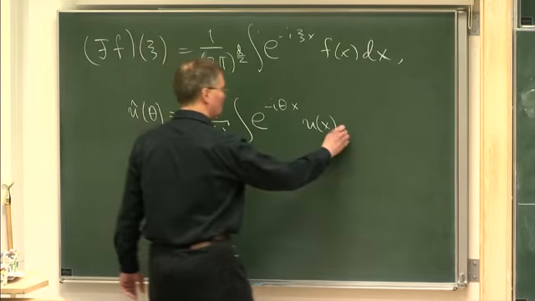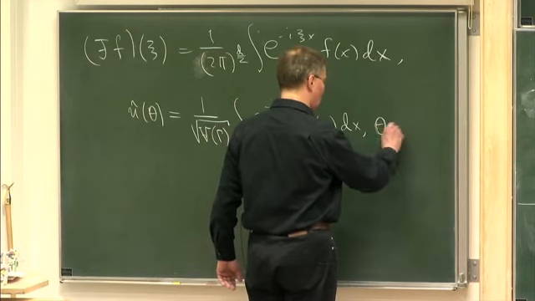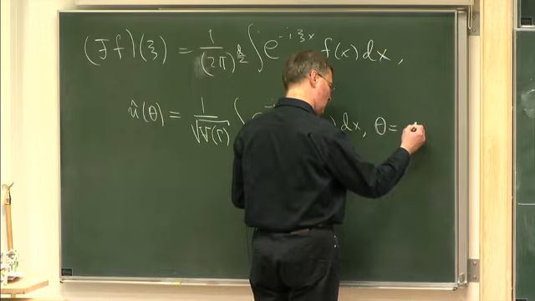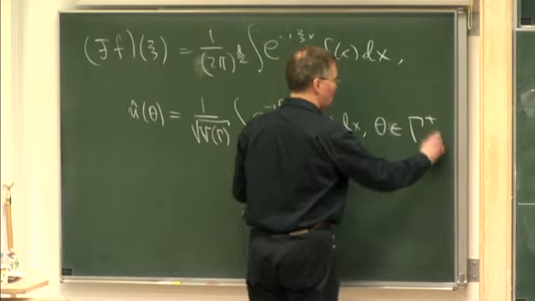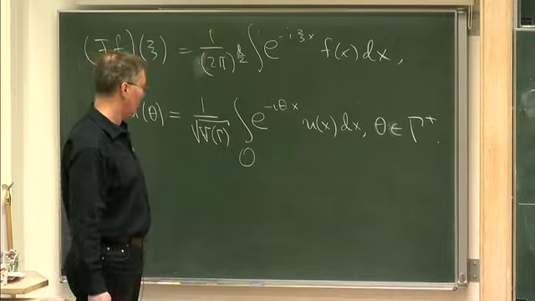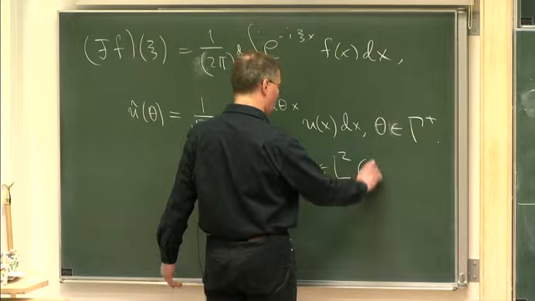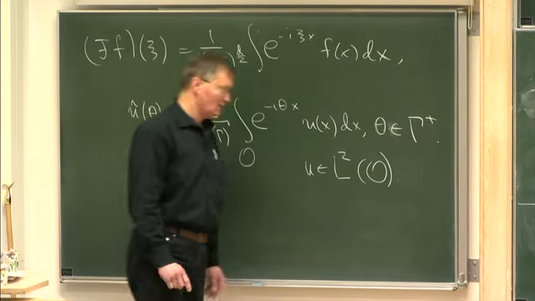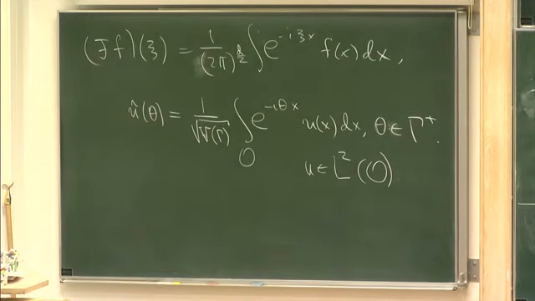Theta will be a vector from the dual lattice. I can define this, of course, for all L2 functions. These are standard facts, but I just need the notation.